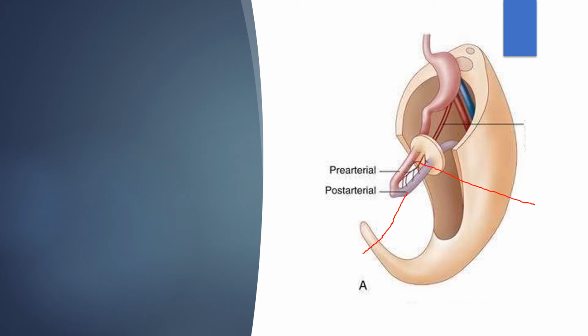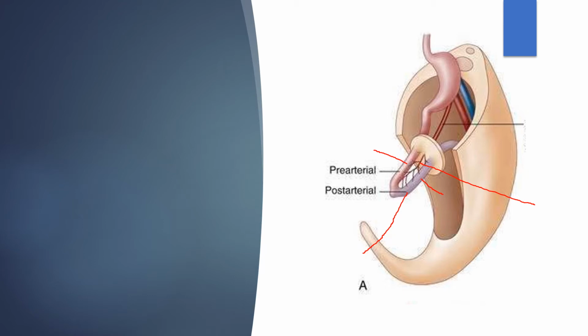So this part separates the limb into a cephalic limb and a caudal limb. This part is called a cephalic limb and this one is the caudal limb. The cephalic limb is also called a pre-arterial segment and the caudal limb is called a post-arterial segment, when correlating with the superior mesenteric artery.